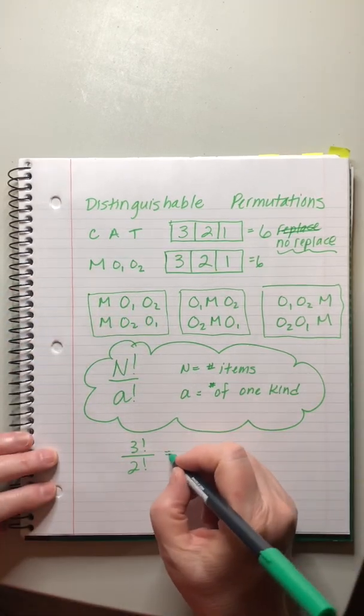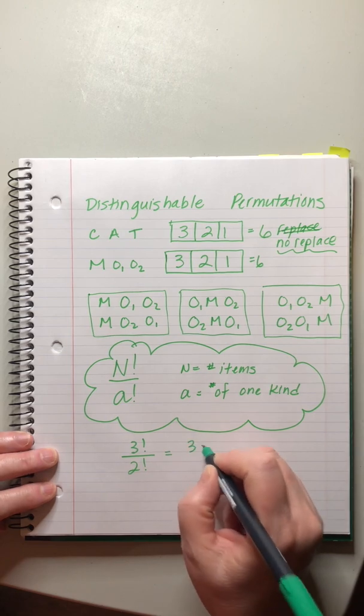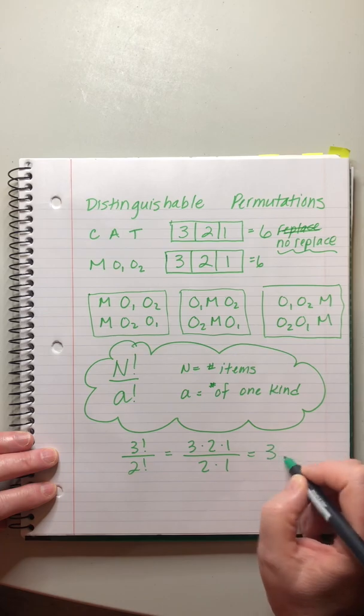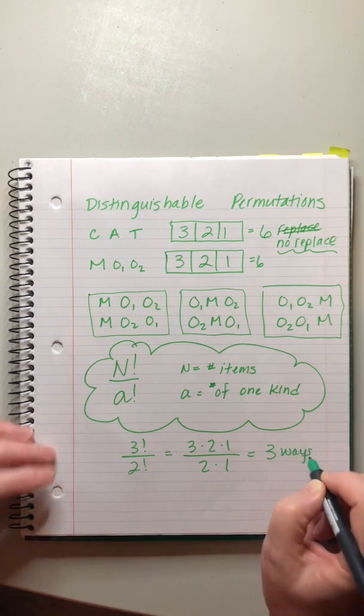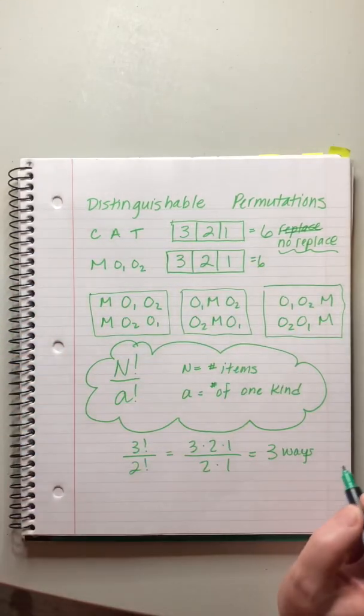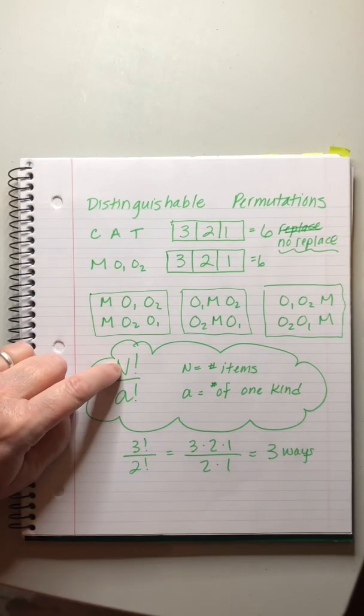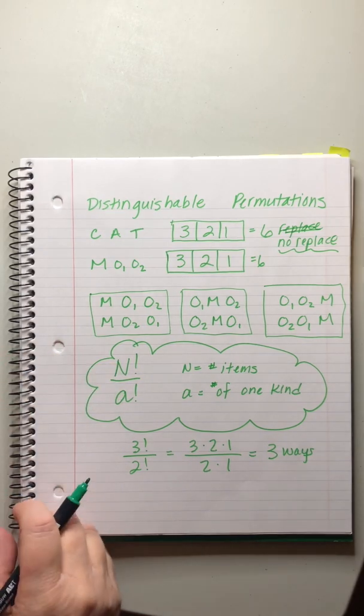And so this would be 3 times 2 times 1 over 2 times 1. That means we'd have 3 ways. And that's exactly what we found, that there's only 3 distinguishable ways to do those, okay? So this is the formula we're going to use.